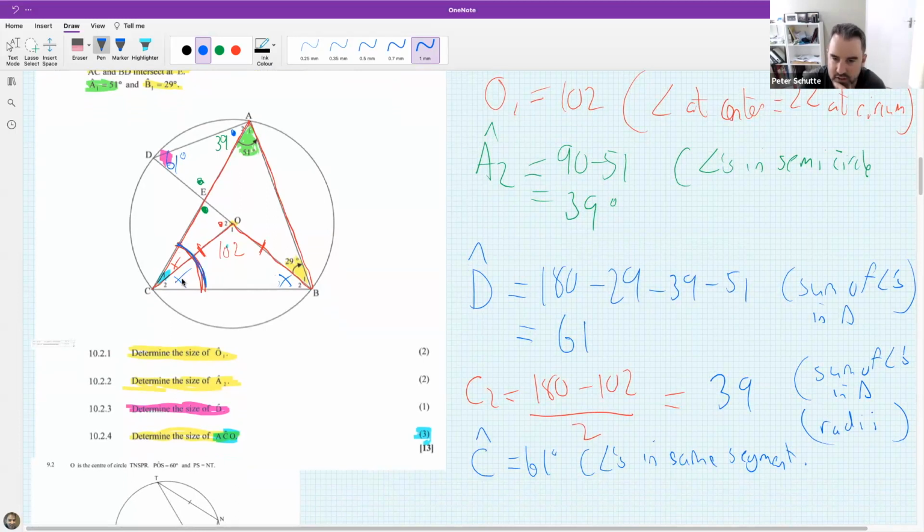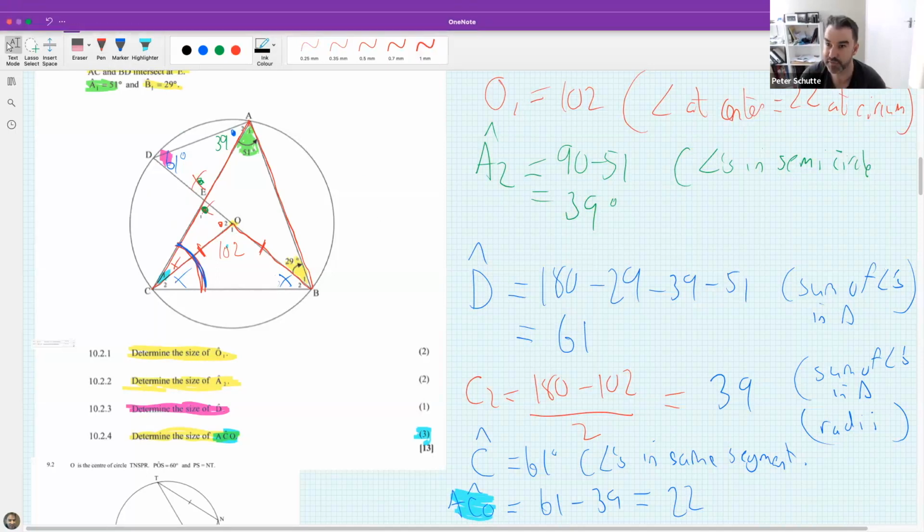And you know that this one is 39, my final answer for ACO is going to be 61 minus 39. And what do you get for that? It seems it's going to be 22 degrees. Now, if I went the triangle route and I found this and this and so on, I should get the same answer, but I think this is probably the quicker way to do it.